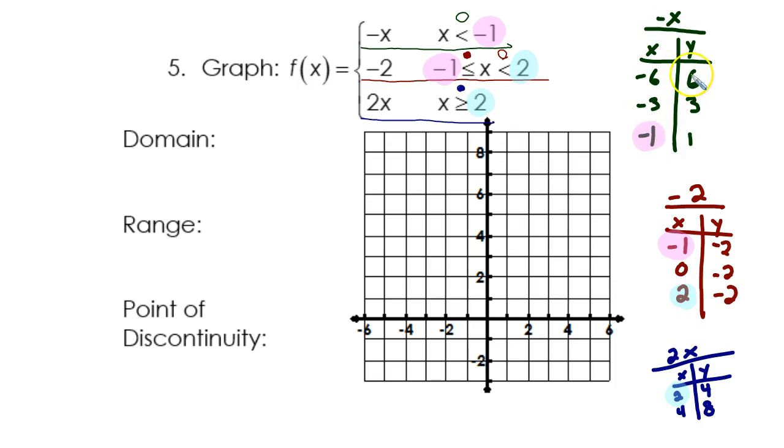I plugged them into -x. The opposite of -6 is +6, of -3 is +3, and of -1 is +1. So double negatives cancel out, and that leaves me with the graph that goes through -6 comma 6. It goes through -3 comma 3, and it stops at -1 comma 1.